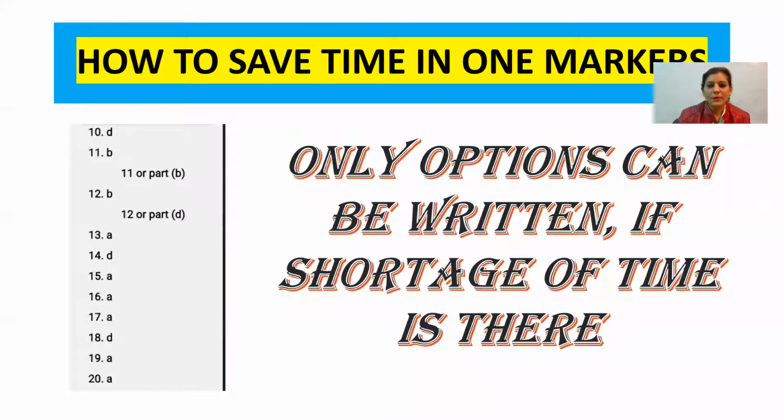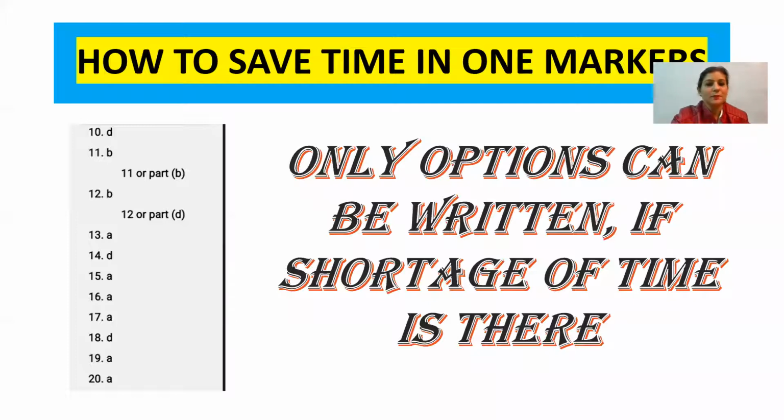Question number 12 B part, yes, it is my responsibility as a CBSE checker that question number 12 has 2 parts, optional part. But it is your responsibility also to start your answer by writing the or part, so that no chance of error is there.